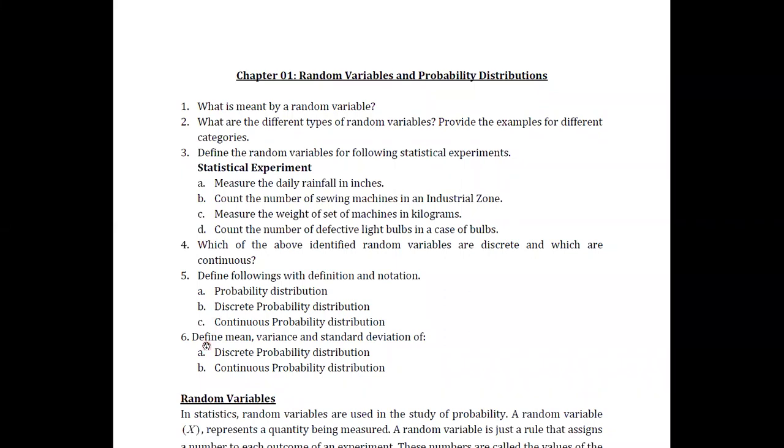And thereafter, we will discuss how to define the mean, variance, and standard deviation for a probability distribution. We will discuss it for the discrete probability distribution and then for the continuous probability distribution.